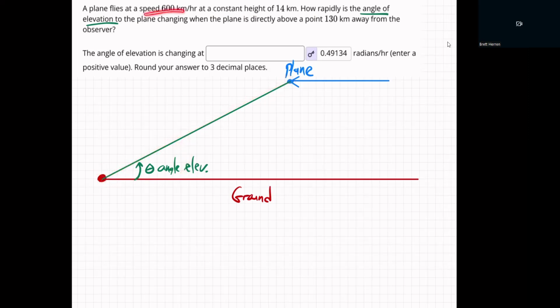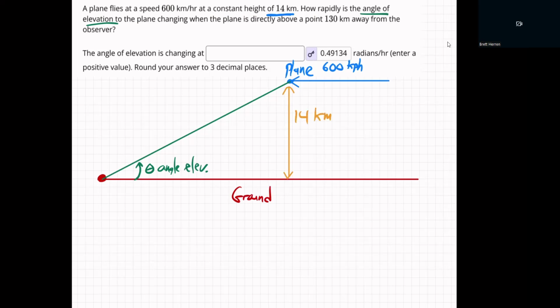Okay, plane flies at 600 kilometers per hour, at a constant height of 14 kilometers. So that height right there is 14 kilometers, and it's constant.